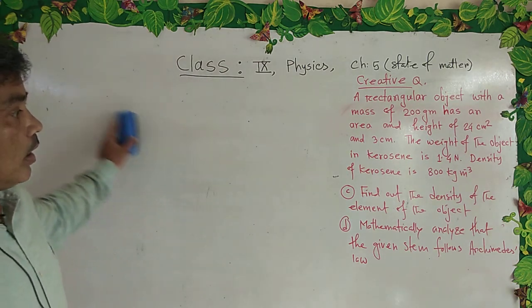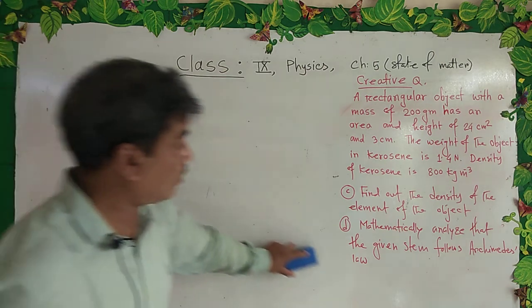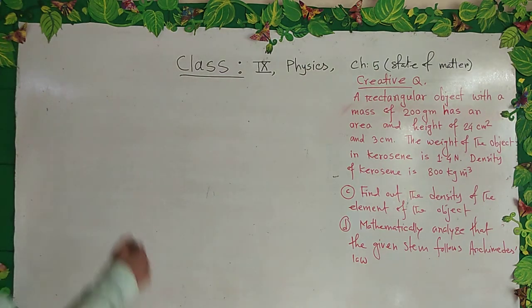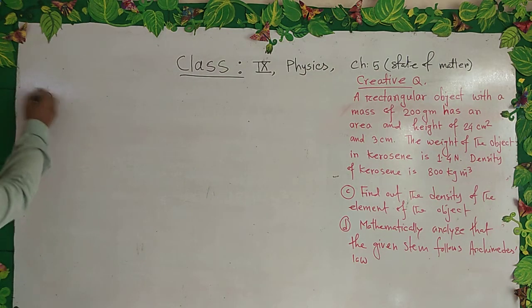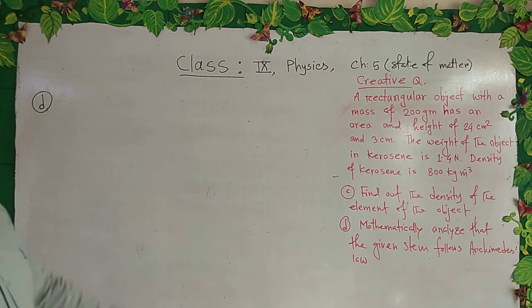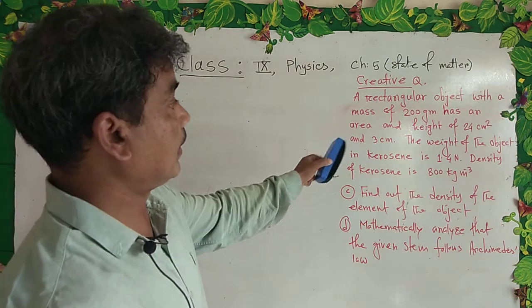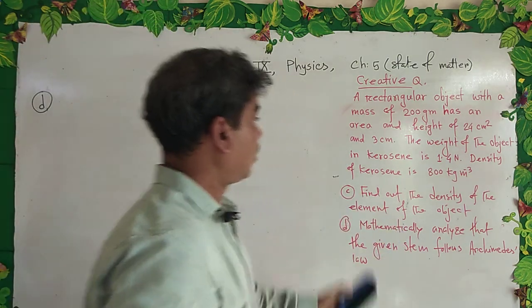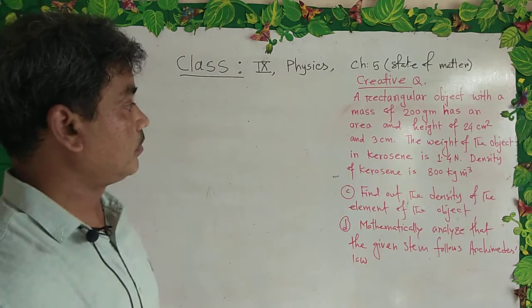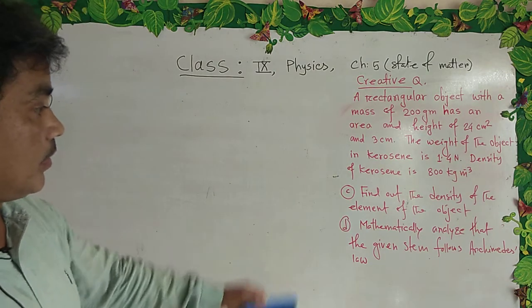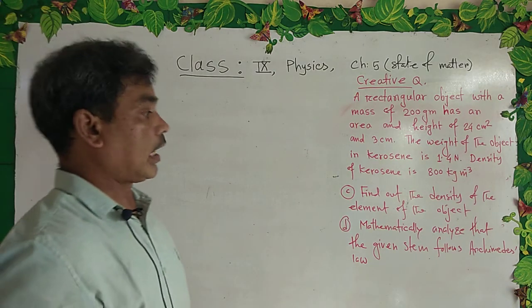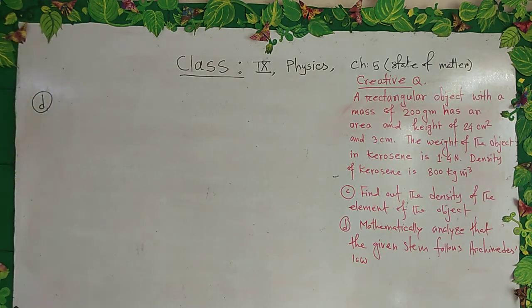So let us now solve question number D. And here, from question number C, we get its area, height and weight in kerosene. Now we have to find out mathematically about Archimedes' law, and we should find out the mass.